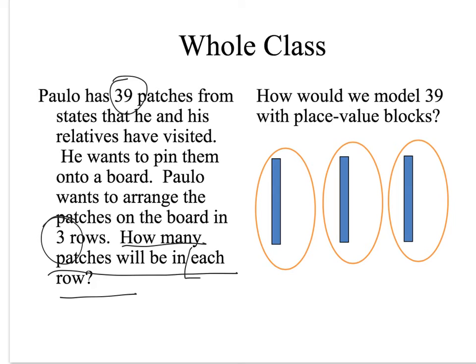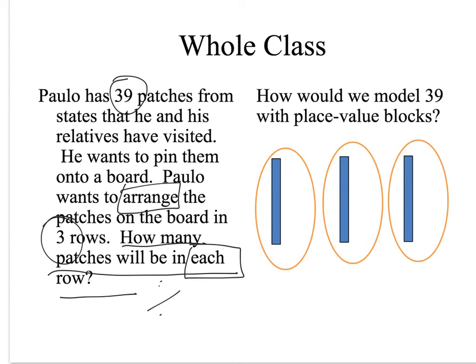So each is a keyword, and if I'm going to arrange them, then it's going to be division, because each is for multiplication or division, but since I'm arranging them onto a board into groups, then that means that it's going to be division. So then how would we model 39 with place value blocks?